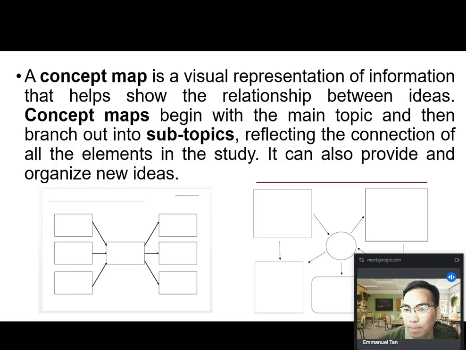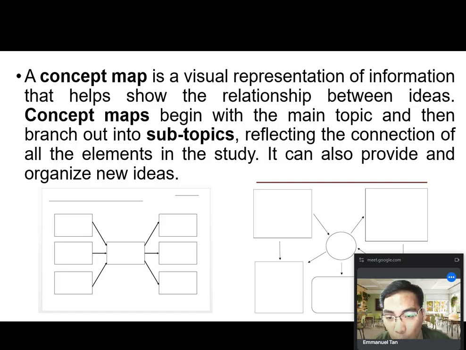No, concept maps begin with the main topic, which is usually placed in the center of the framework, which branches out into different subtopics, which reflect the connection to the main topic. And this is what we call the elements of the study. It can also help to organize the proposed ideas or new ideas.